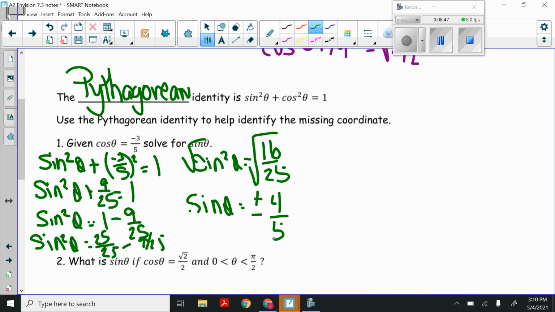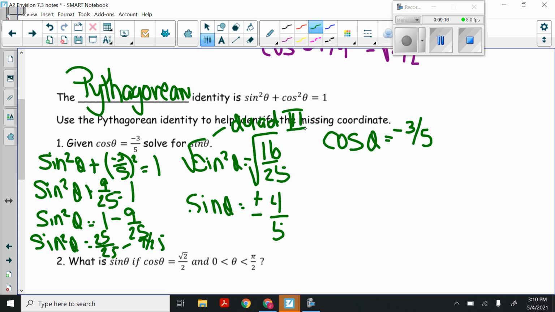But now I need to figure out what quadrant I'm in so that I know, is my answer going to be the positive 4/5 or the negative 4/5? So if I'm looking at the cosine of theta equals negative 3/5, I'm sorry, I need to give you the information here. This angle is going to be in quadrant 3.